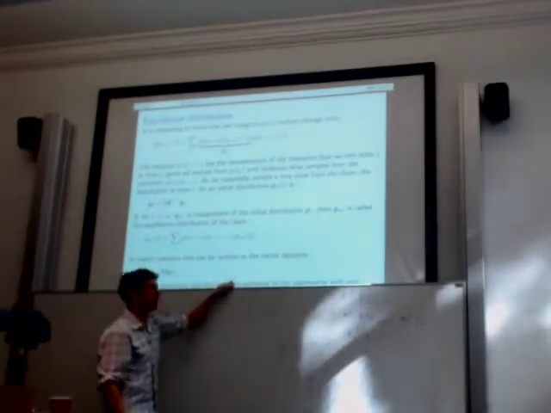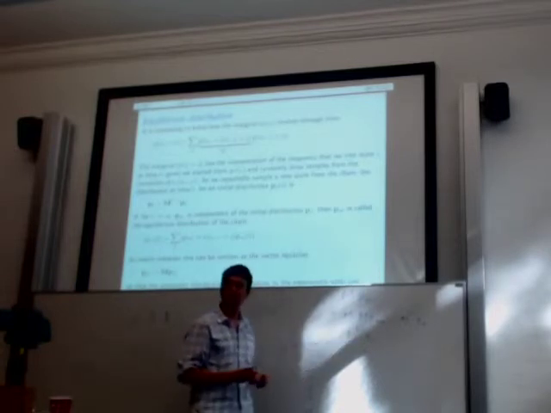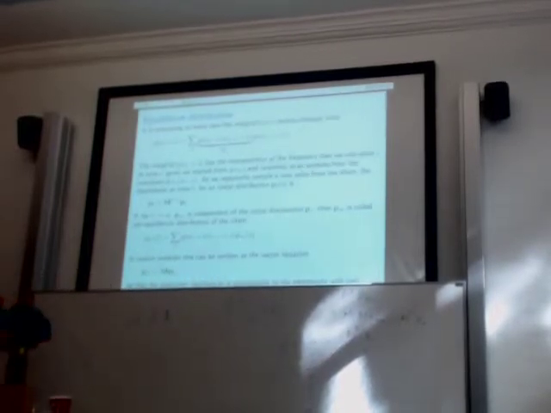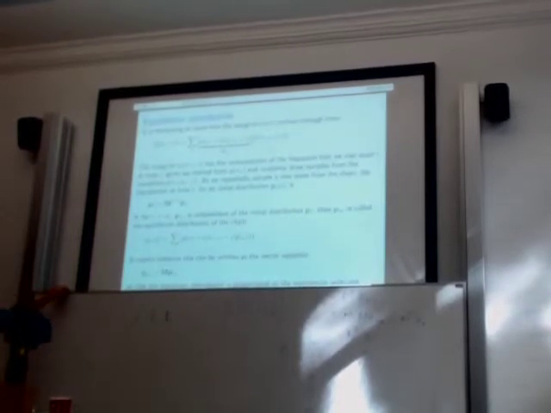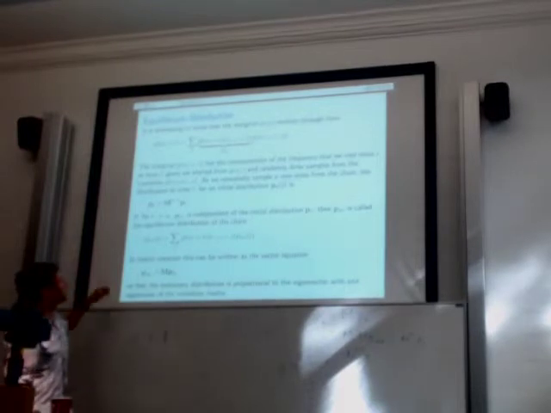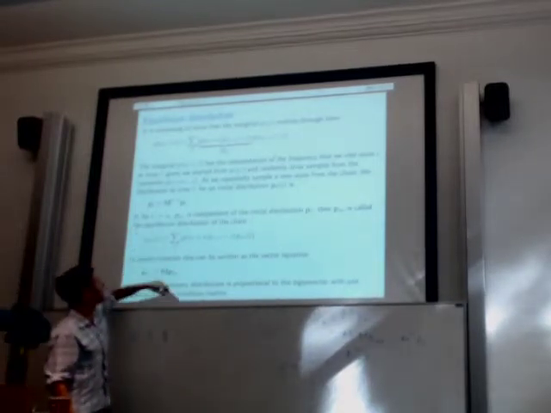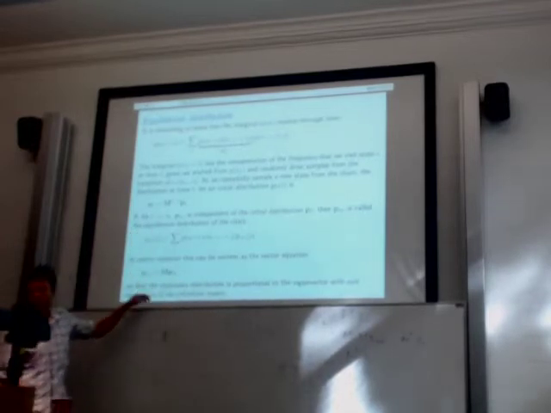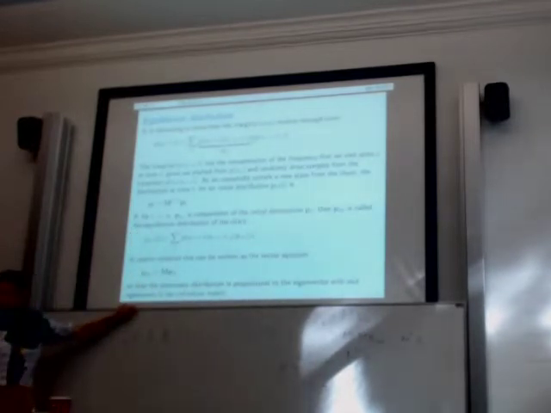This is the matrix multiplied by itself t minus 1 times. So if we keep going, at time infinity, for some given initial state P_1, we will end up with some infinite equilibrium distribution.